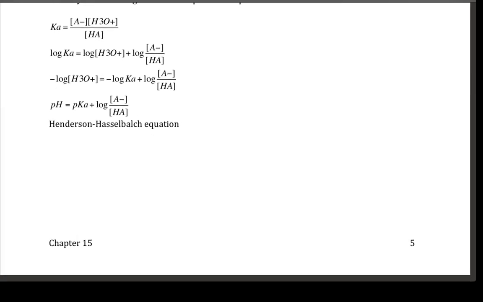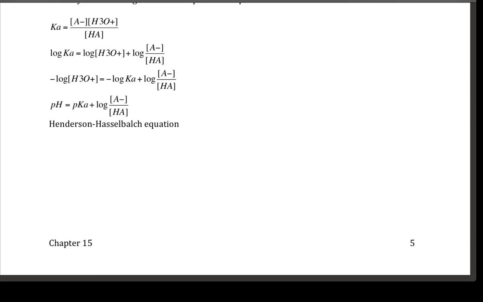So we start with that equation. We take the log of both sides, and then we multiply through by negative 1. So at this point we have negative log of H3O+ equals negative log of Ka plus the log of A minus over HA.